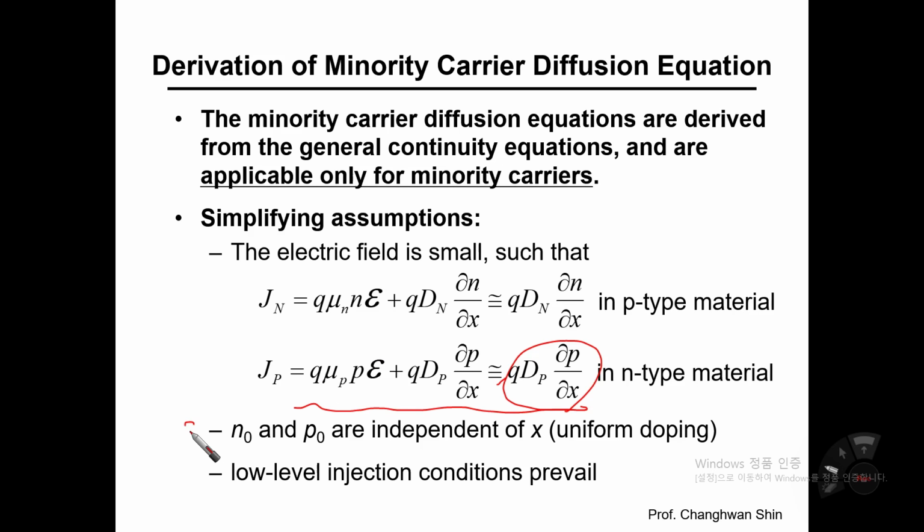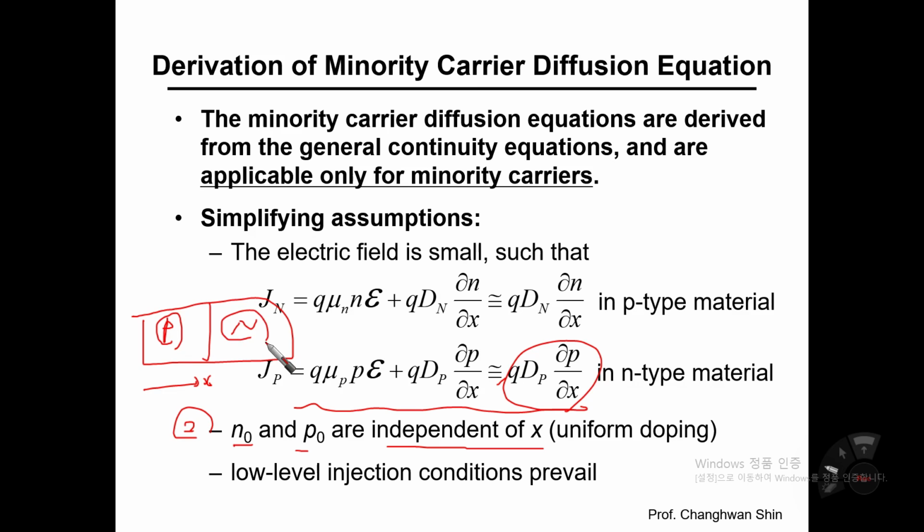Okay. The second simplification is that n naught and p naught are independent of x. That means for a given silicon material, whatever the silicon type is, p-type or n-type, along the x direction the doping concentration is always uniform, so the electron concentration and hole concentration at equilibrium are almost constant.